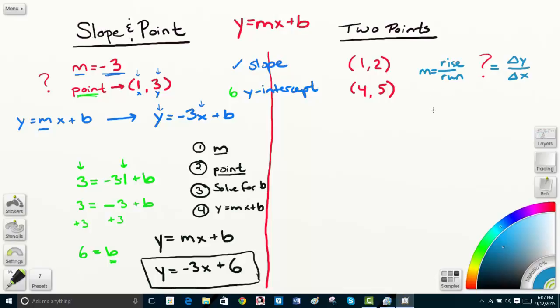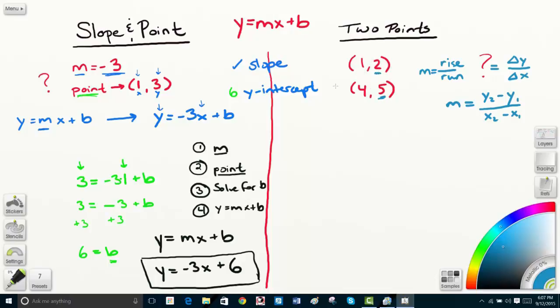And so that gives us a nice formula where the slope is always equal to the change in y, which is the second y minus the first y, over the second x minus the first x. And what I mean by that is this. If I had 2 points, I could find the change in y, or I could find the rise by taking the second y and subtracting it from the first y.